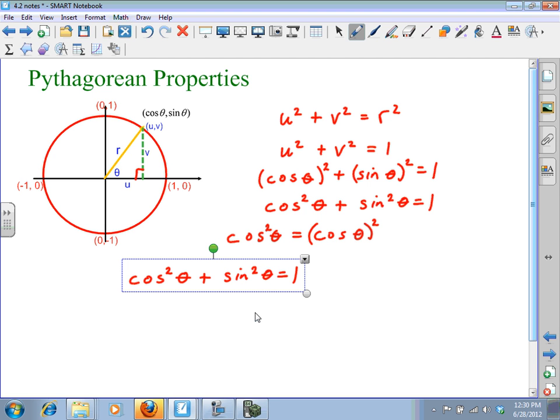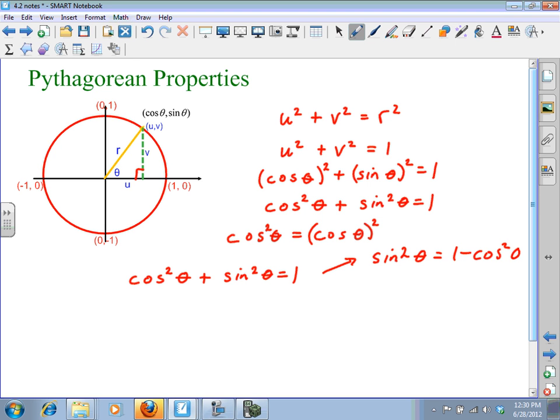Algebraically, you should be able to see easily that sine squared theta is equal to 1 minus cosine squared theta by subtracting cosine squared from both sides, and likewise cosine squared theta is equal to 1 minus sine squared theta. So these are just different versions of that one.